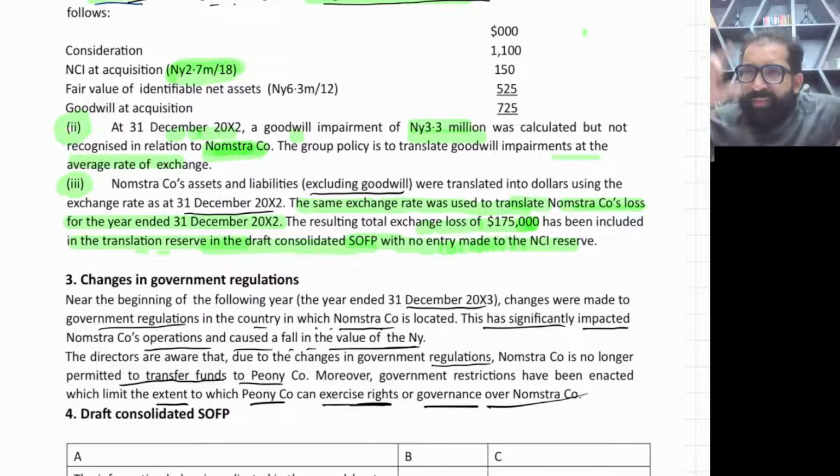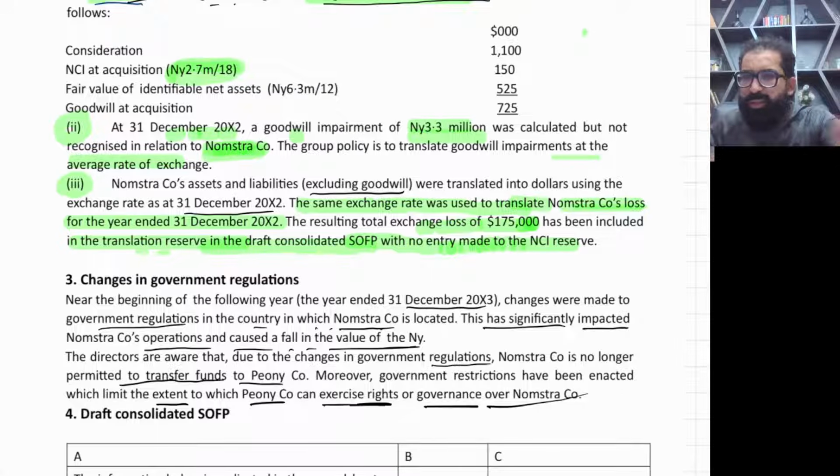Whenever we calculated a balancing number of foreign exchange gain or loss on net assets of a foreign operation, we distributed it between translation reserve and NCI. They have booked the complete amount to translation reserve, which is very wrong. So we need to give the NCI share as well. That I will be doing.